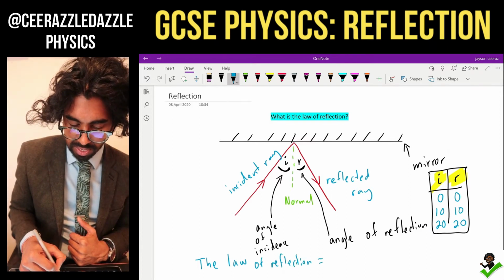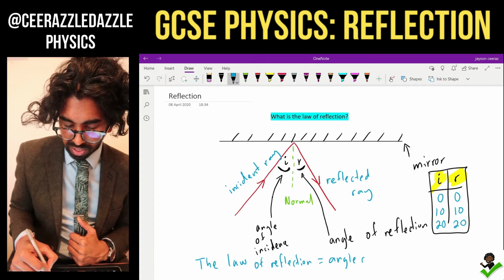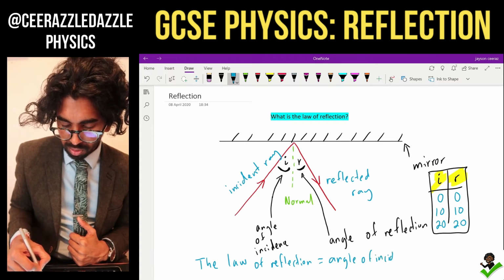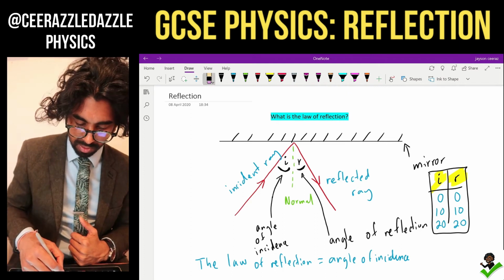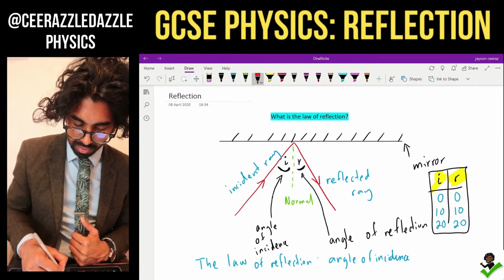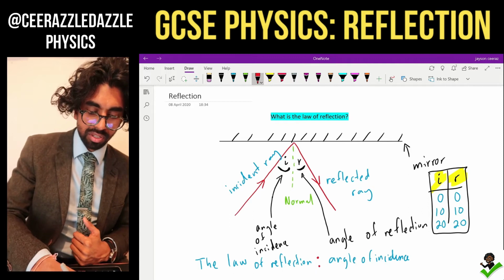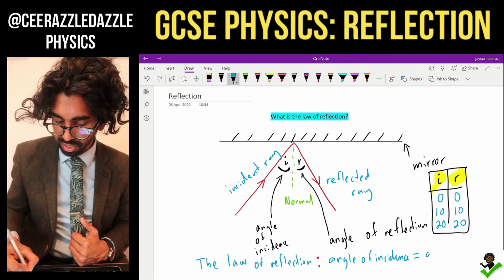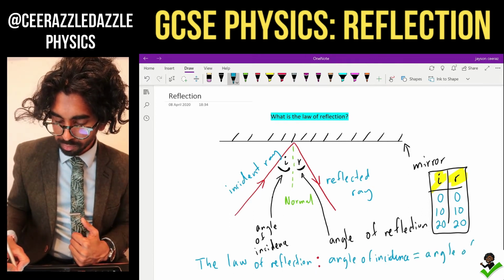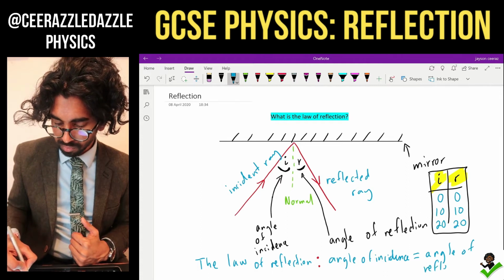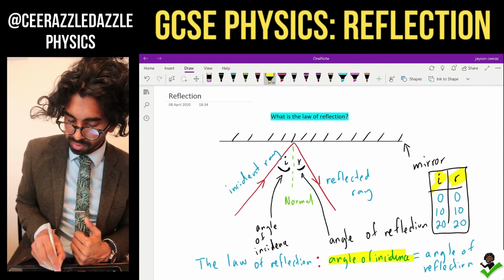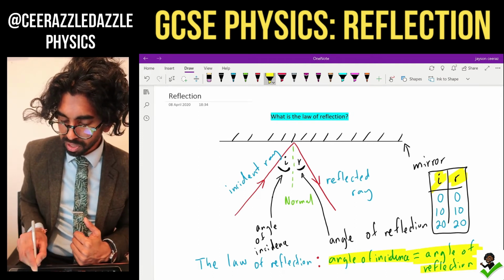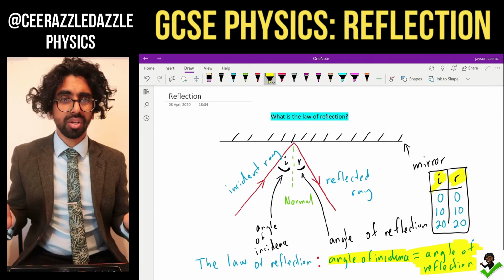The law of reflection states that the angle of incidence is always equal to the angle of reflection. Very nice. And that is a fundamental rule in terms of reflection. Surely we should know that.